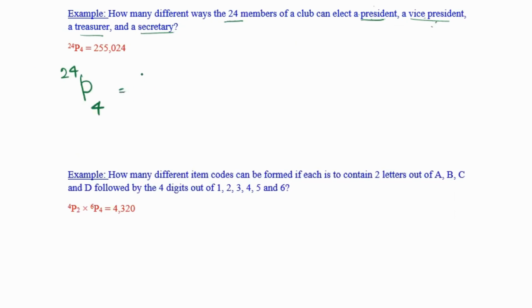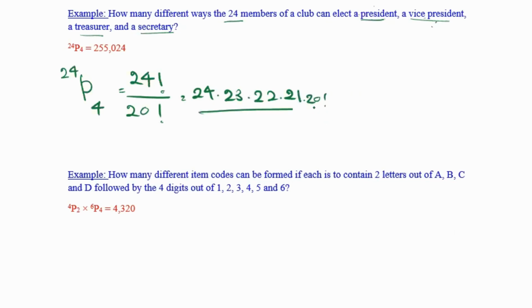So the concept is 24 factorial divided by (24 minus 4) factorial, that is 20 factorial. So it's 24 times 23 times 22 times 21 times 20 factorial, divided by 20 factorial. Once you multiply the numbers all together, you will end up with 255,024.